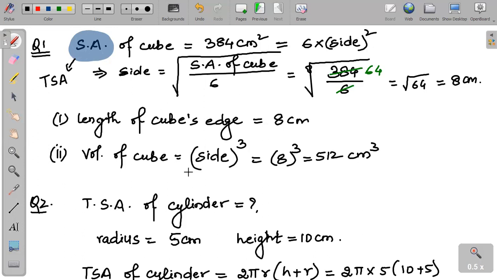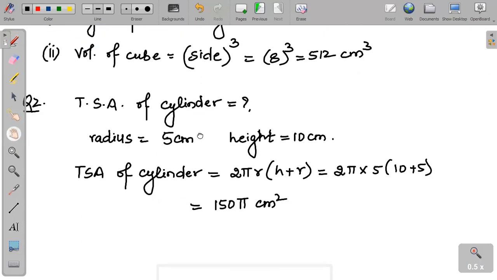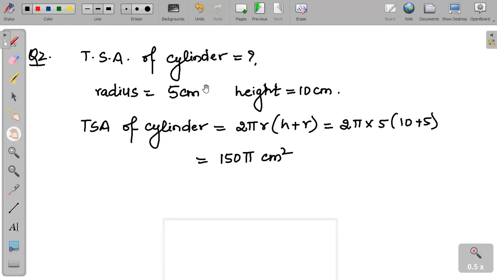Then comes the next question: total surface area of cylinder has to be found out in pi. It is written that you can leave your answers in pi itself. You need not solve it completely. So radius is given to be 5 centimeter and height is 10 centimeter. Total surface area of cylinder is 2 pi r into h plus r. That will be 2 pi into 5 into 10 plus 5.